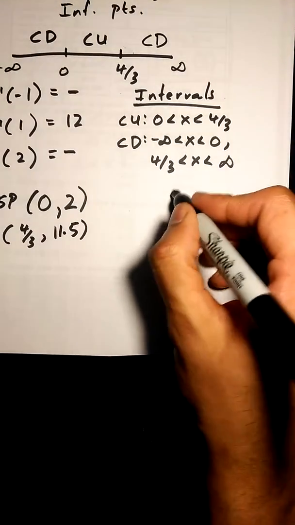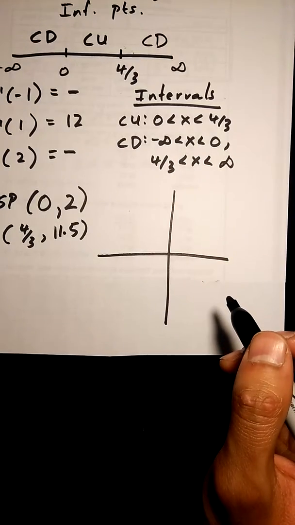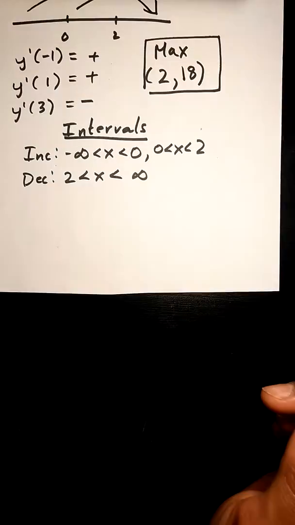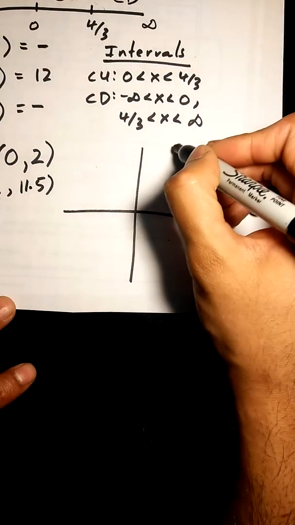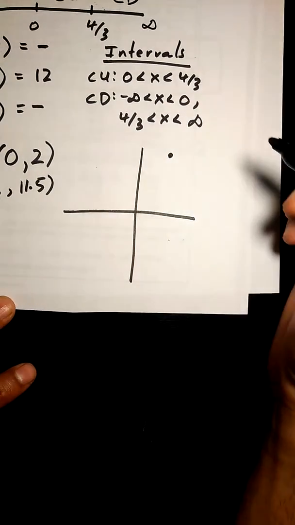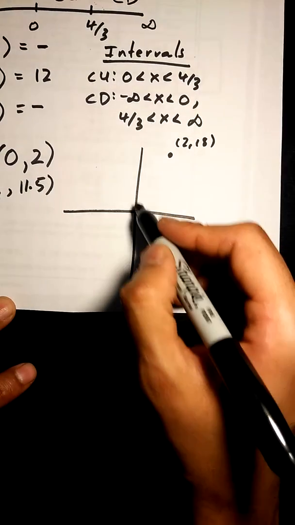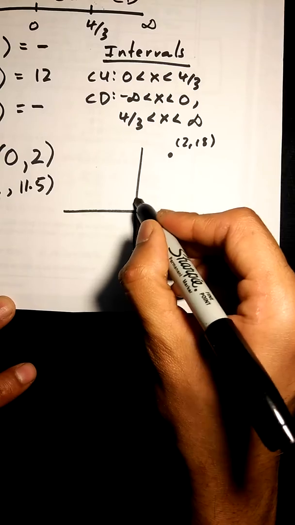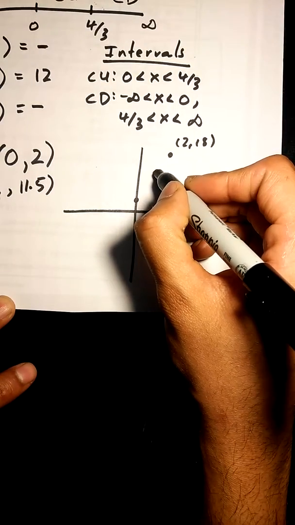Okay, last I'm going to sketch this out. I know my maximum is at 2, 18. So 2, 18, my max. 0, 2 is my inflection stationary point, and 4/3, 5.